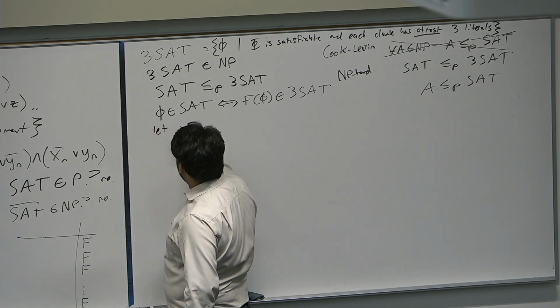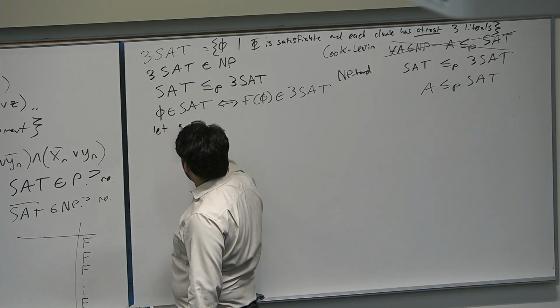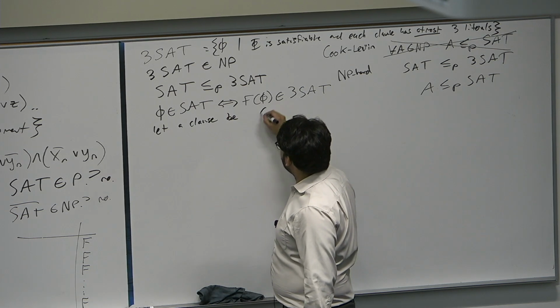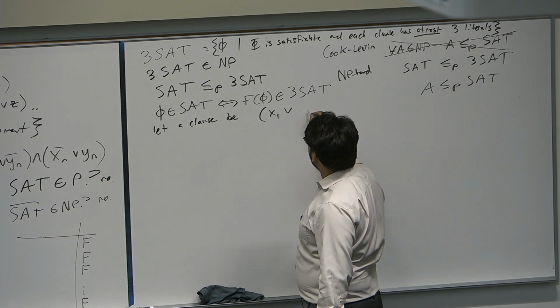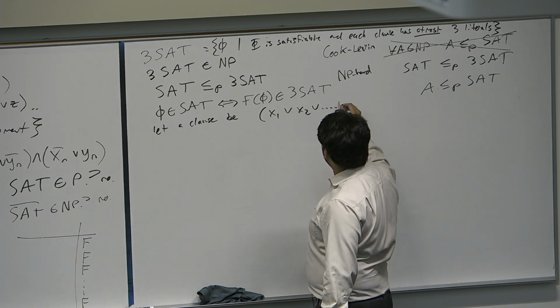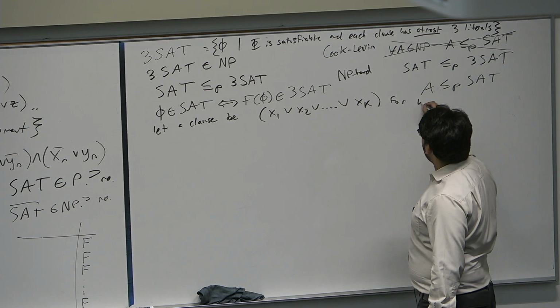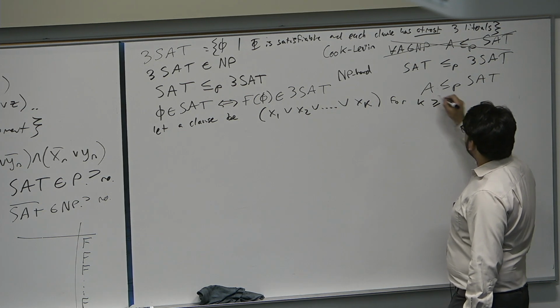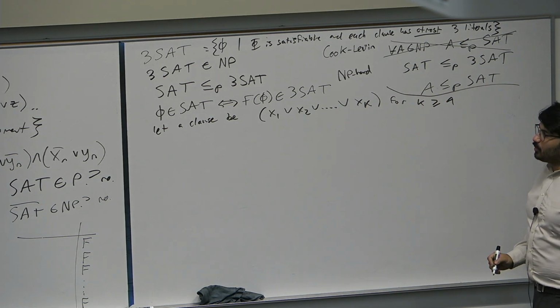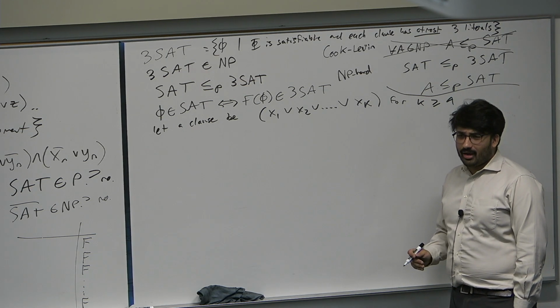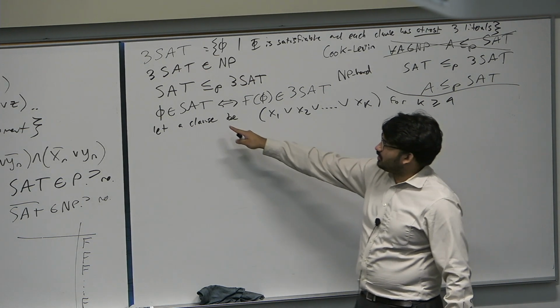Let a clause be x1 or x2 or ... xk for k exceeds 4. We will convert each clause of phi into another clause, f of phi, that is in 3-CNF, but we will still maintain the correctness property such that this is satisfiable if and only if this is.